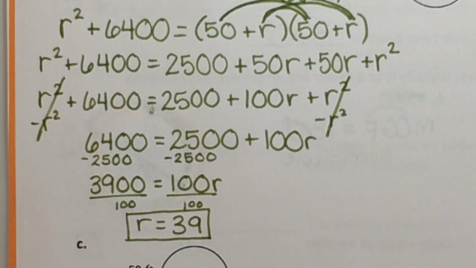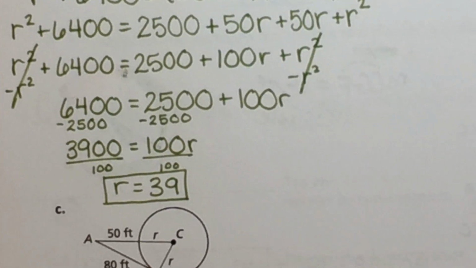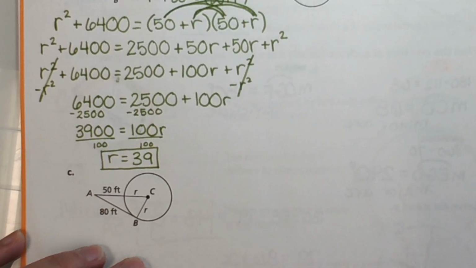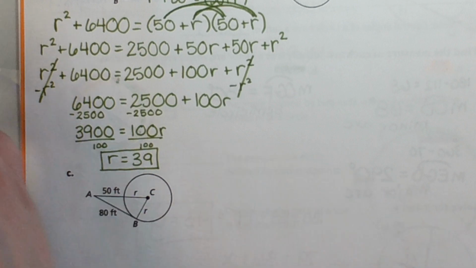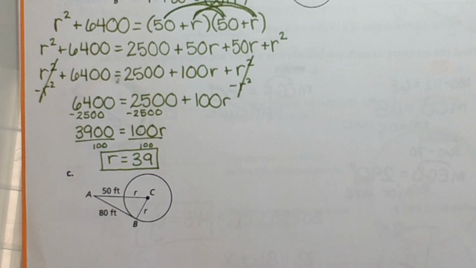Again, they get big and ugly. But the r squareds will cancel out and it will become very doable. Well, there goes all the space I have for my next problem. It can become a problem here.